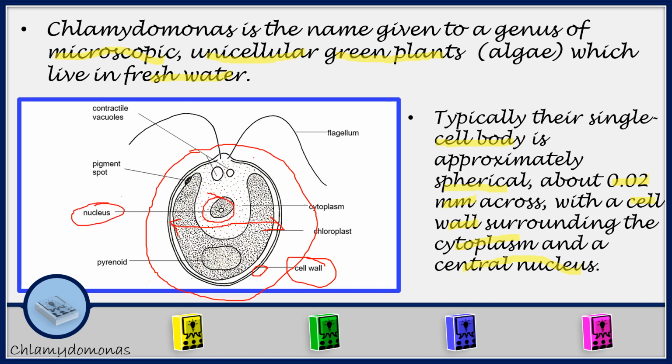And then the cytoplasm is this space we are seeing, all this space surrounding the nucleus. So that is the structure of Chlamydomonas, which is a microscopic unicellular green plant, or what we call algae.